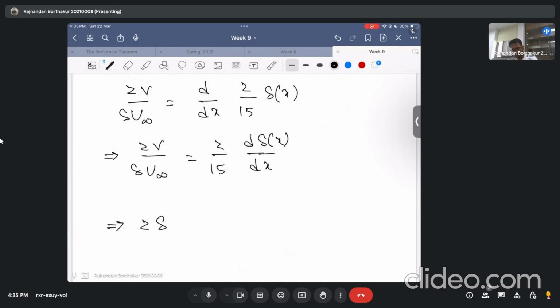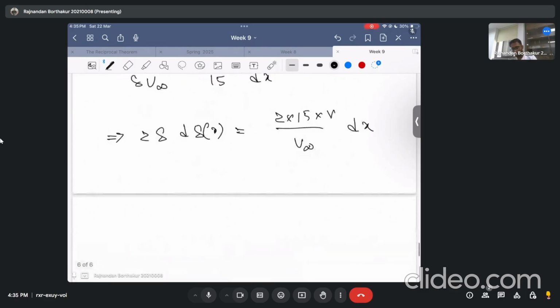So it becomes 2 delta d delta, which is a function of x, and then the other terms become 2 times 15 times nu by u infinity dx. And the good thing is this 2 delta d delta can be written as d of delta squared. And then this can be written as 30 nu by u infinity dx.